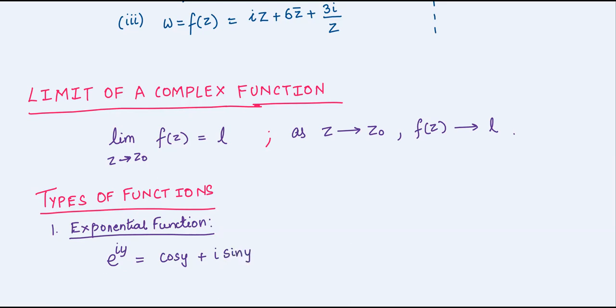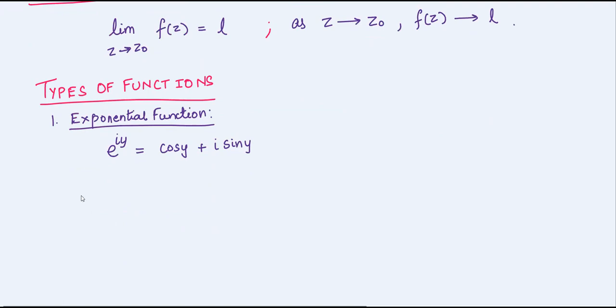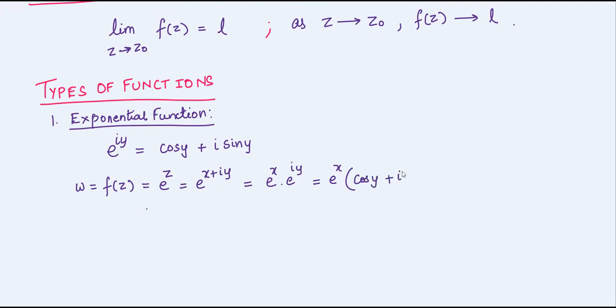So this is an exponential function. Let us say w is f of z, which is e power z. Now e power z will be e power x plus iy, which is e power x times e power iy, and this will become cos y plus i sin y.